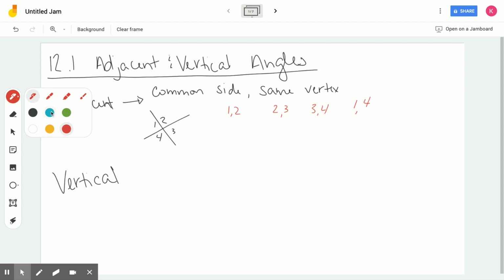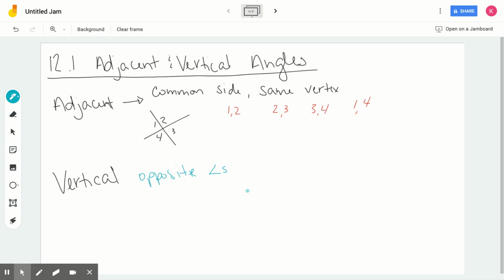Now, vertical angles are two angles that are opposite, formed by the intersection of two lines. Opposite angles. This is an abbreviation for angles that we're going to probably see quite a bit.